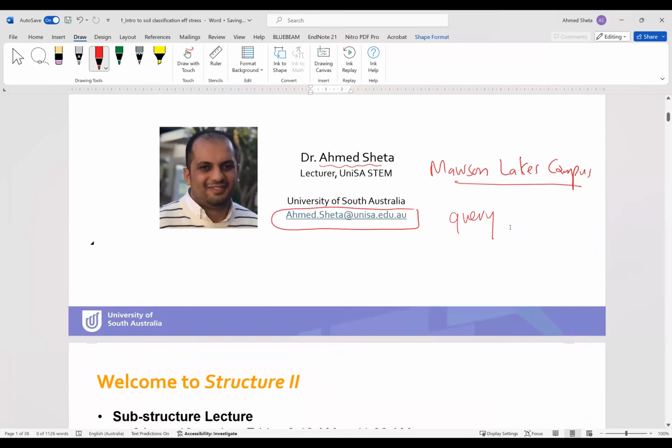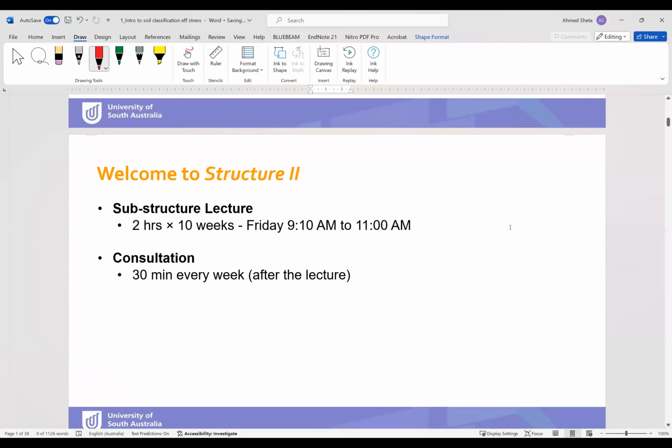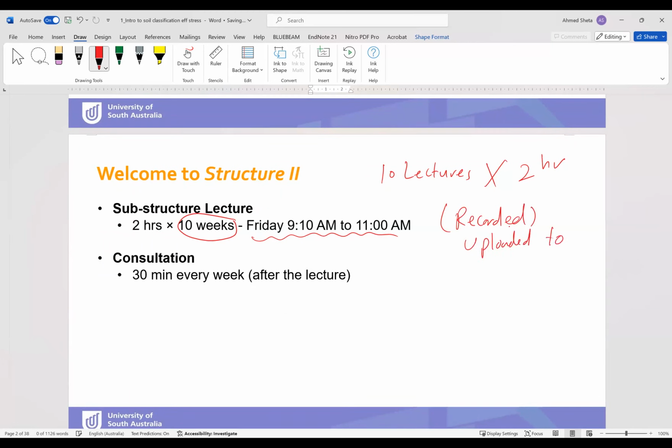Here is the lecture schedule for the substructure component of the course. We have 10 weeks, so 10 lectures, and each lecture is 2 hours. The lectures will be on Friday from 9 to 11. These lectures are recorded and will be uploaded to the Learn Online website.